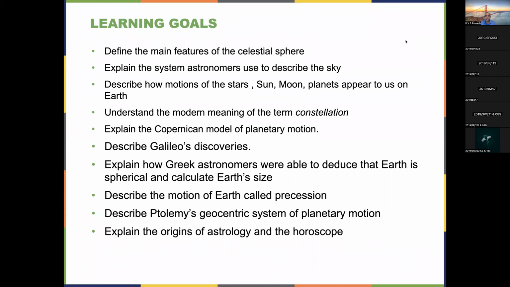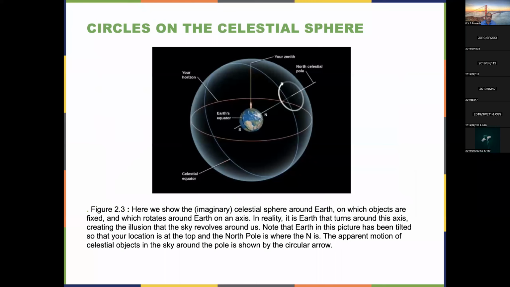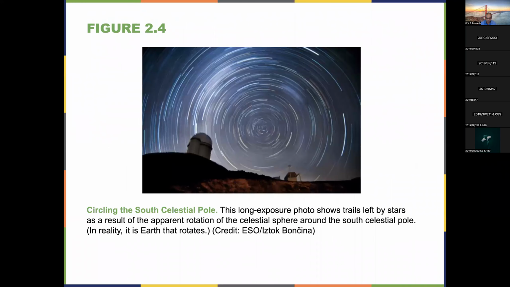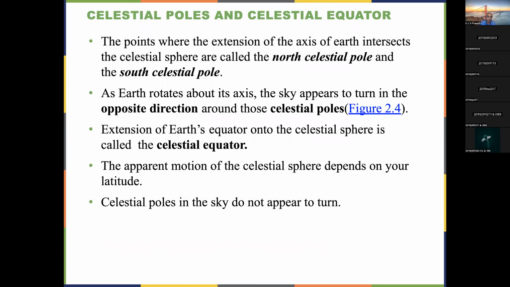Right. Yes, where we stopped last time. Just to revise what we did yesterday, we discussed different positions on the celestial sphere and how to locate objects on the celestial sphere, and also how the sky looks for different locations on the Earth, right?